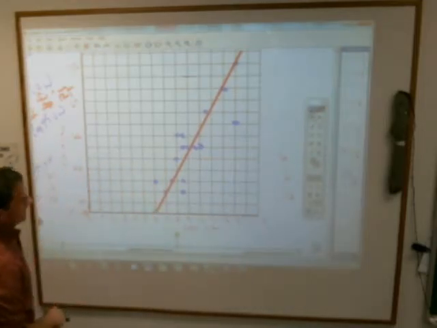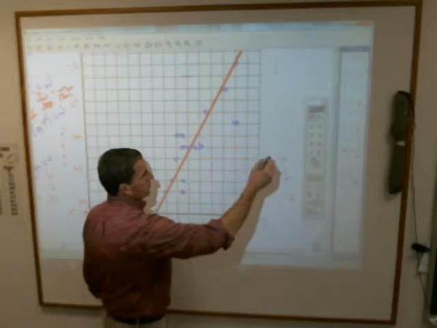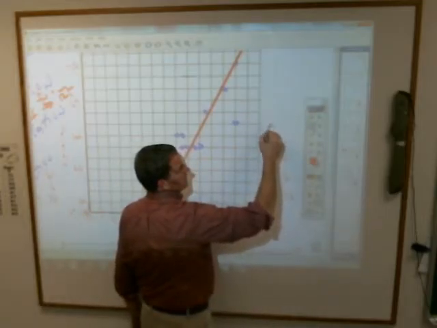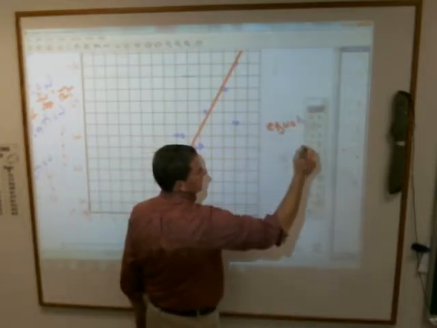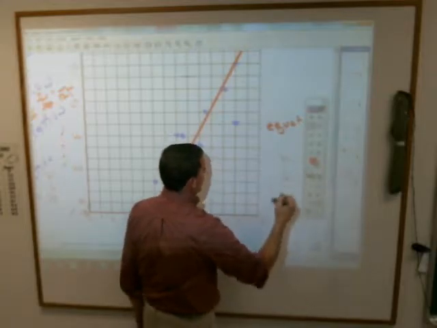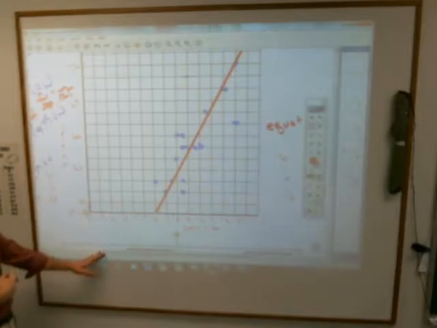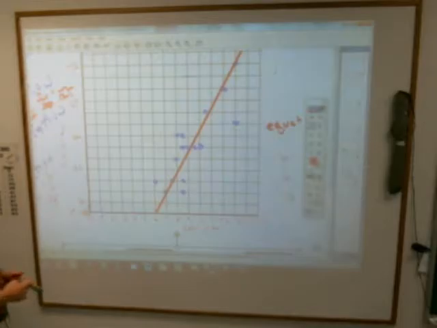Okay, and with that line, two things can happen. With that line, you can get an equation. You should be able to write an equation. The problem with our equation is we're not going to know where it crosses the y-axis unless we kept the line going there. But with that line, you can predict how tall somebody would be given their shoe size.